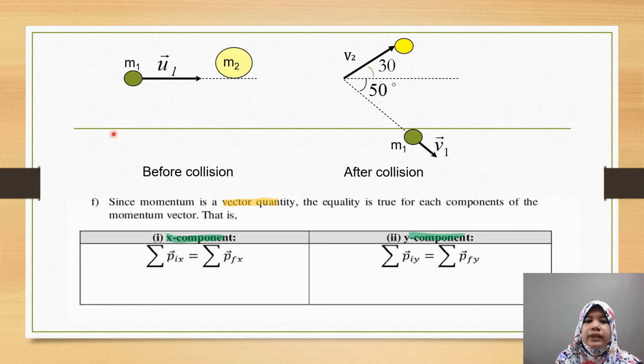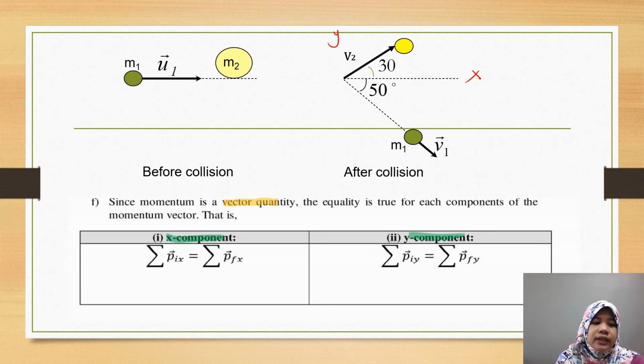This one is a momentum before collision. Ini adalah momentum after collision. Kalau kita boleh lihat, M1 pergi mana dengan velocity dia, M2 bergerak ke mana dengan velocity dia yang tersendiri. Kalau kita lihat di sini, kita kena resolvekan dia into x component and y component. So that's why kita boleh resolvekan momentum kita for each component.